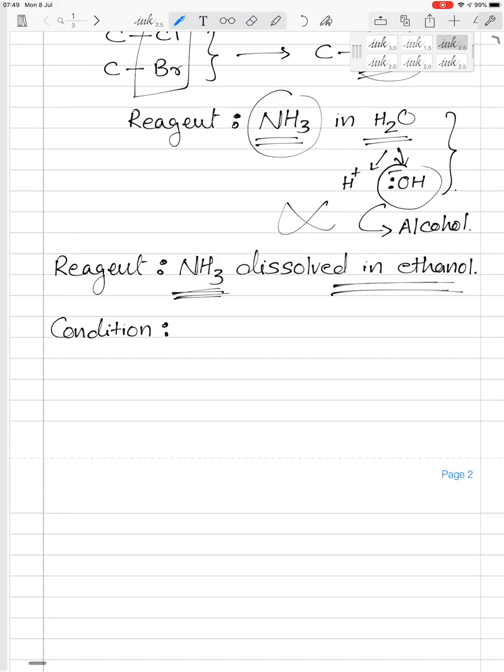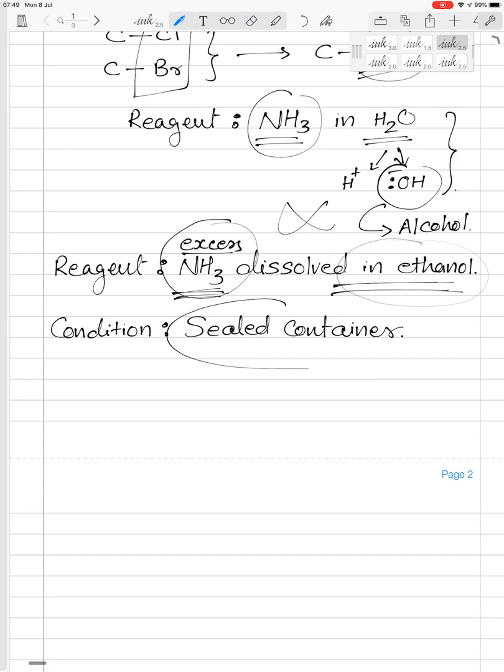So the condition that you use is a sealed container, and we use just one more thing, excess of ammonia. We'll discuss why excess of ammonia at certain points. So remember three key things: you use excess of ammonia, dissolved in ethanol, and you need a sealed container to carry out the reaction. This reagent and condition get checked quite a few times in the exam, so make a note of it.